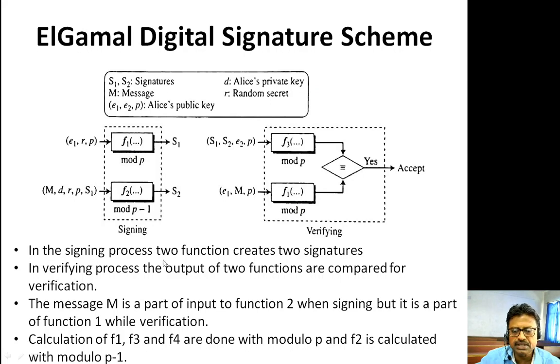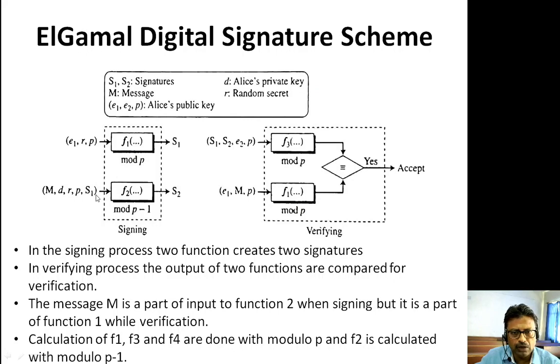So in the signing process, we have two functions which create two signatures, S1 and S2. In the verifying process, the outputs of the two functions are compared for the verification. Now, as far as the message is concerned, the message is a part of the function F2 while signing using the signing algorithm, but it is a part of function F1 while doing the verification process.